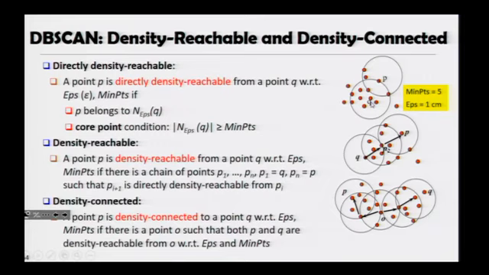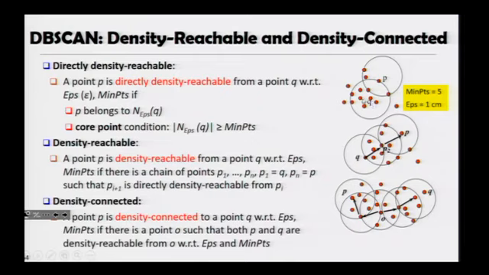That's the core point condition. And if Q satisfies this criterion, you also need to look at the data point P and see whether P is actually sitting in this epsilon neighborhood of the point Q. And if yes, then this tells you that the point P is directly density reachable from the point Q.